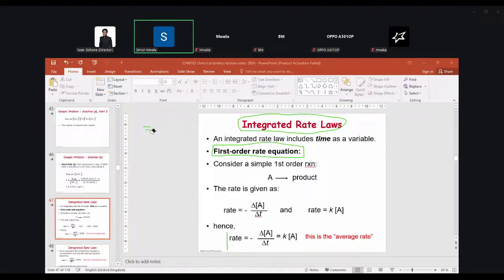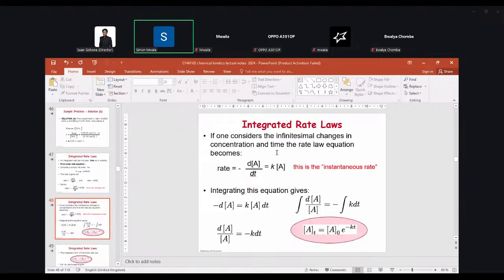Take note that in a test or an exam, we might not necessarily ask you to integrate this equation, but I want you to take note of the final equation that will come out after I do the integration for you. So let's see how the integration is done.